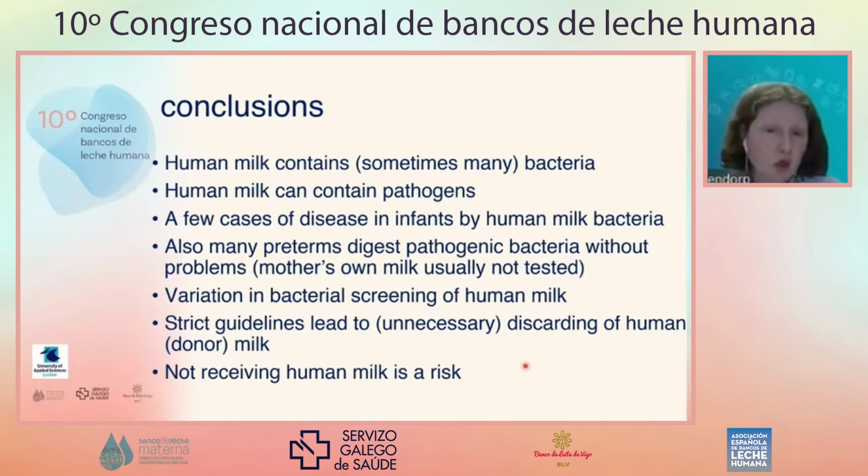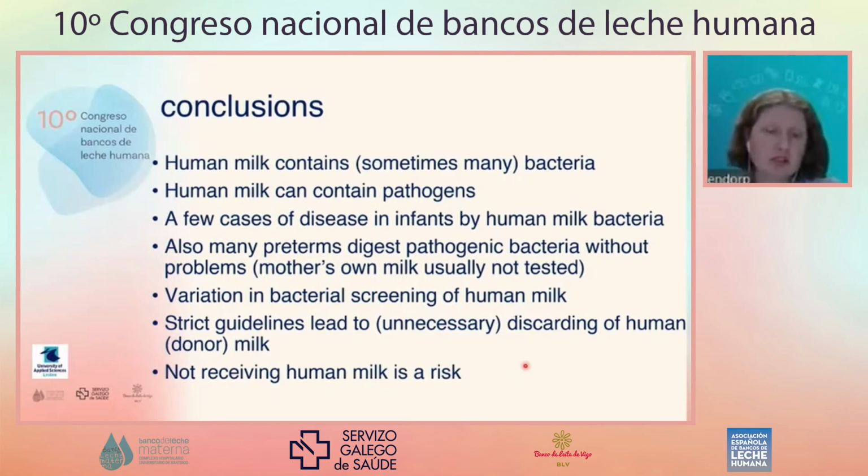And actually we don't know, because in most cases the mother's own milk, if a mother pumps her milk for her own preterm infant, is usually not tested. I also showed you that there's a lot of variation in bacterial screening methods or restrictions of human milk.